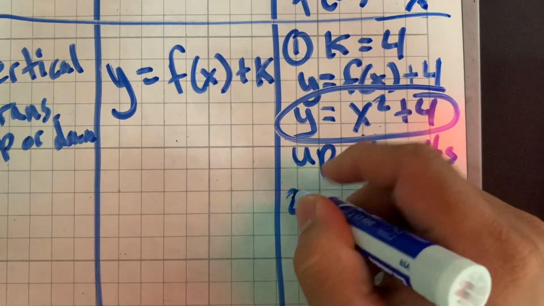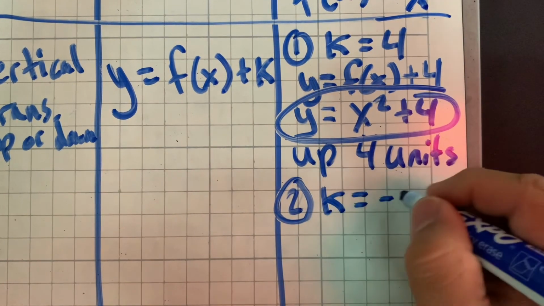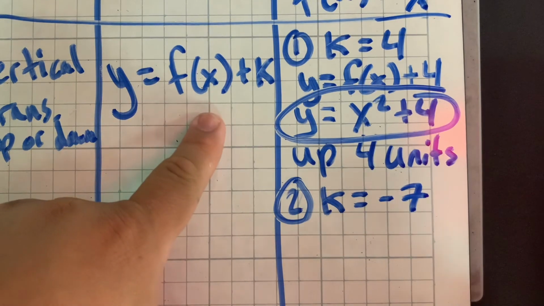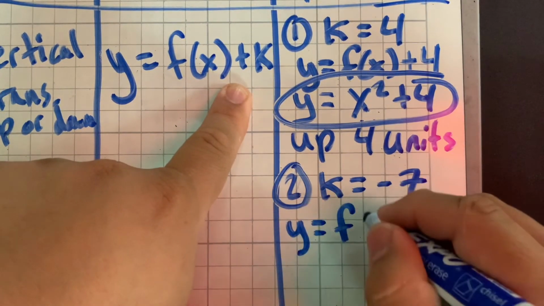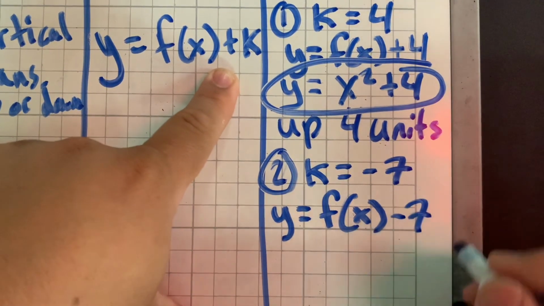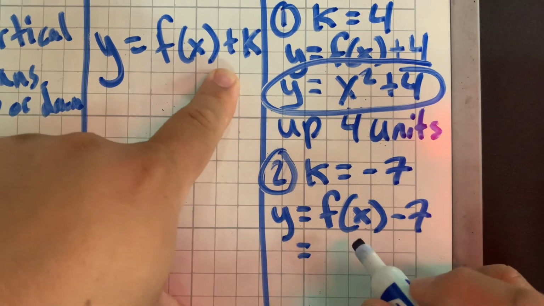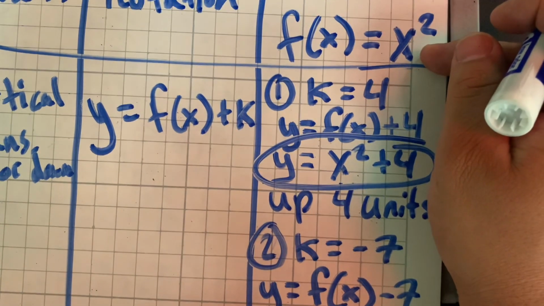So this next one, I'm saying k is equal to -7. That means in my notation, anywhere I have k, I am replacing it with -7. And then I'm going to replace f of x with what it's equal to, which is x squared.